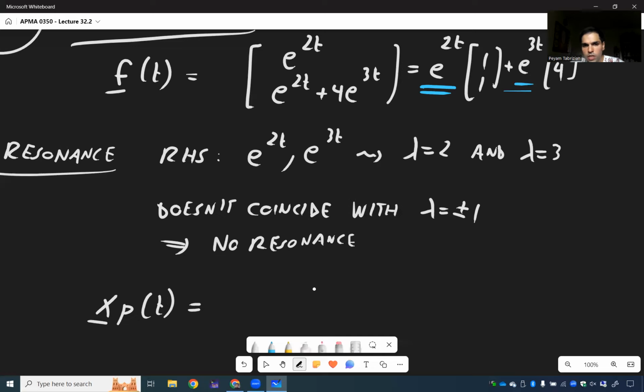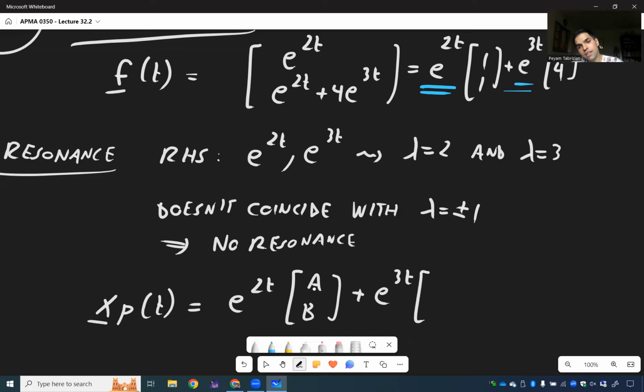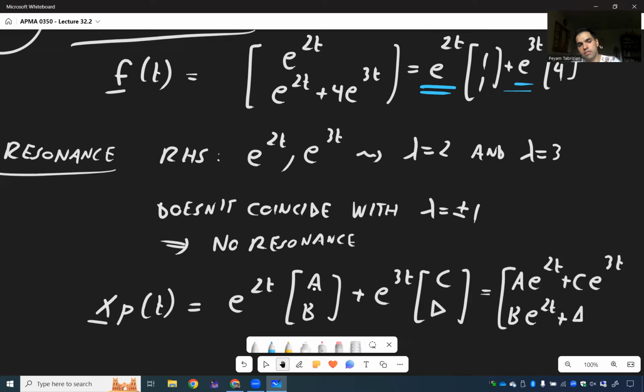So this becomes e^(2t) times (a, b), and then plus e^(3t) times (c, d), which if we want is a e^(2t) plus c e^(3t), and then b e^(2t) plus d e^(3t).